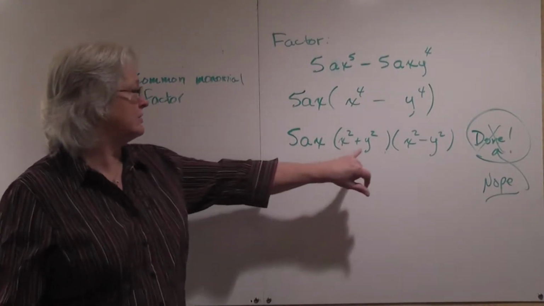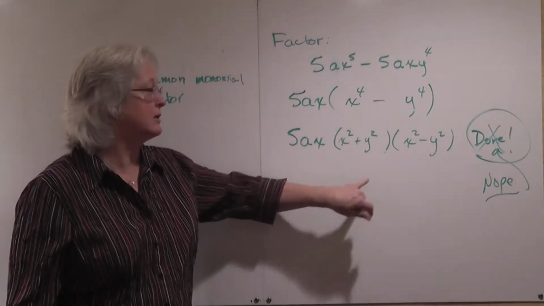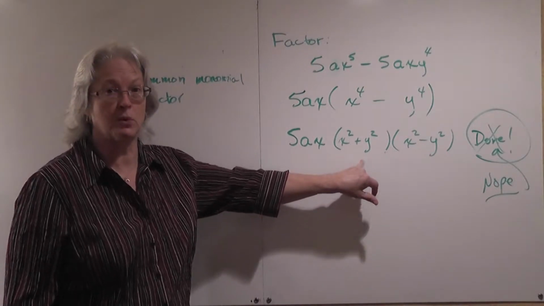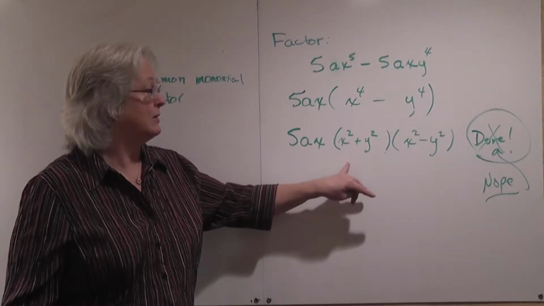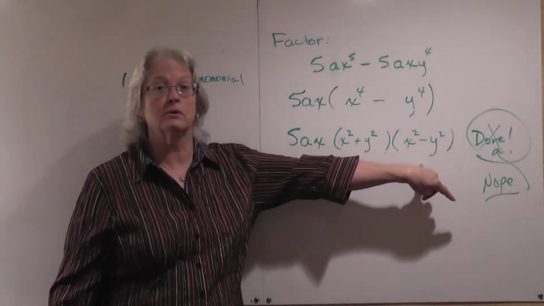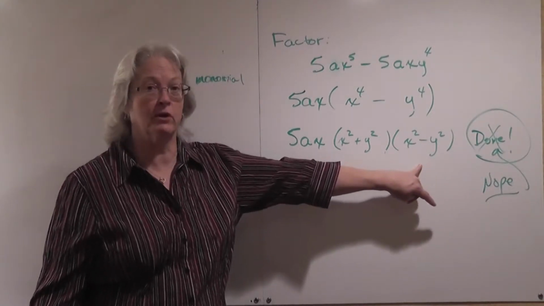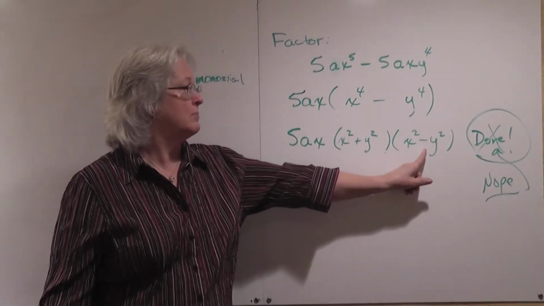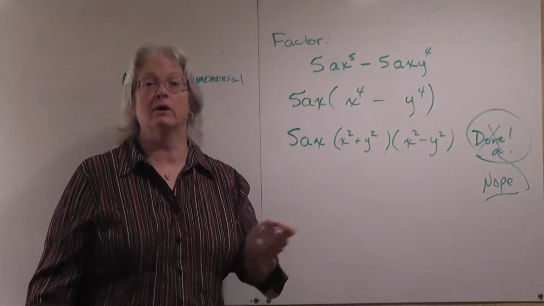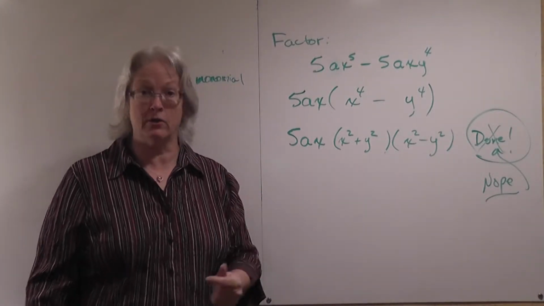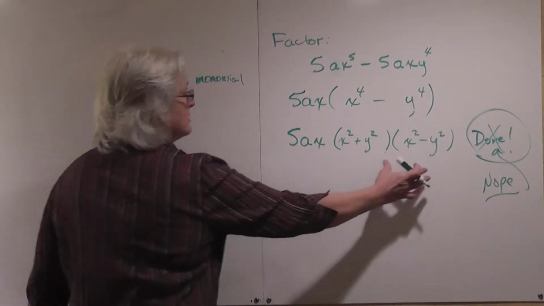5ax times the quantity x squared plus y squared. This is the sum of two squares, and you cannot factor that. However, look at this third expression over here. We have x squared minus y squared. What you have again is another difference of two squares.